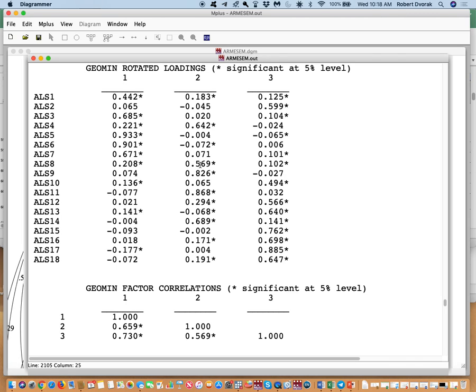Anybody remember? It's tough to think through this because we haven't done latent variables before, but you can examine your modification indices, and you can make some sort of determination that if a modification index crosses some threshold, we're going to allow that to vary. Just by chance, you're going to have a whole lot of these vary, right?